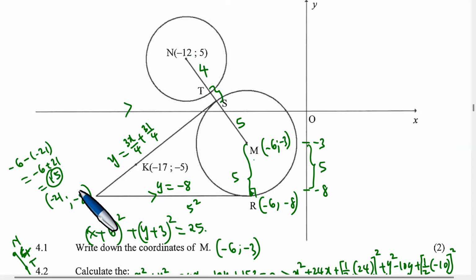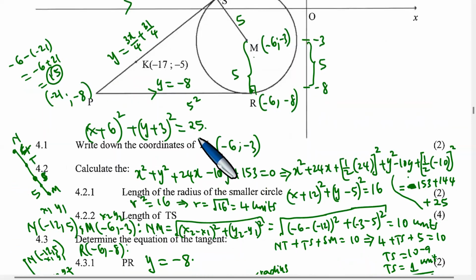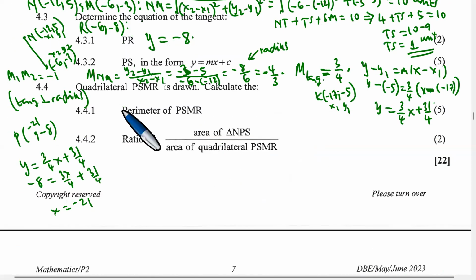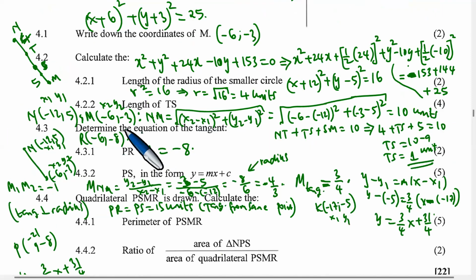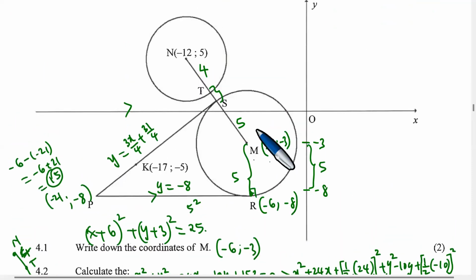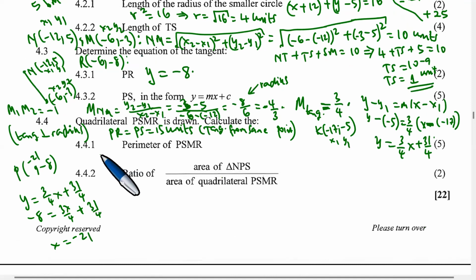So we have that PR must be equal to PS, must be equal to 15 units, because these are tangents from the same point. What is MS? MS is MR, which is 5 units.